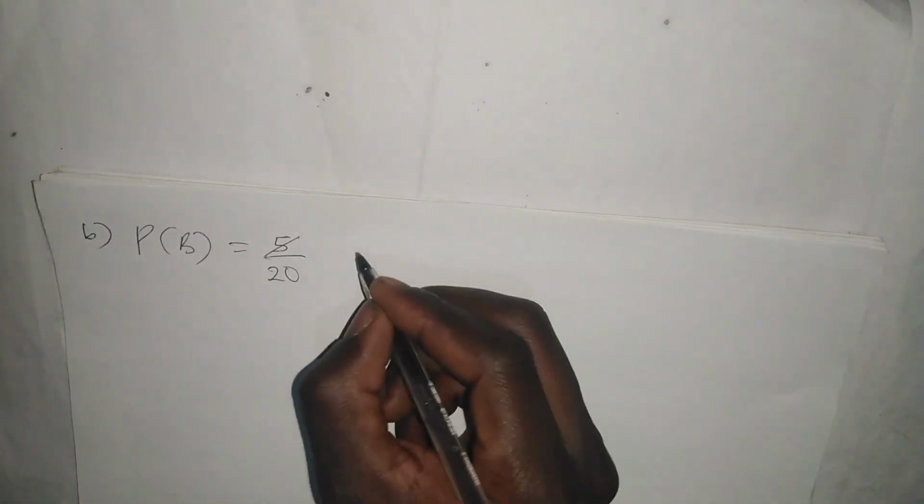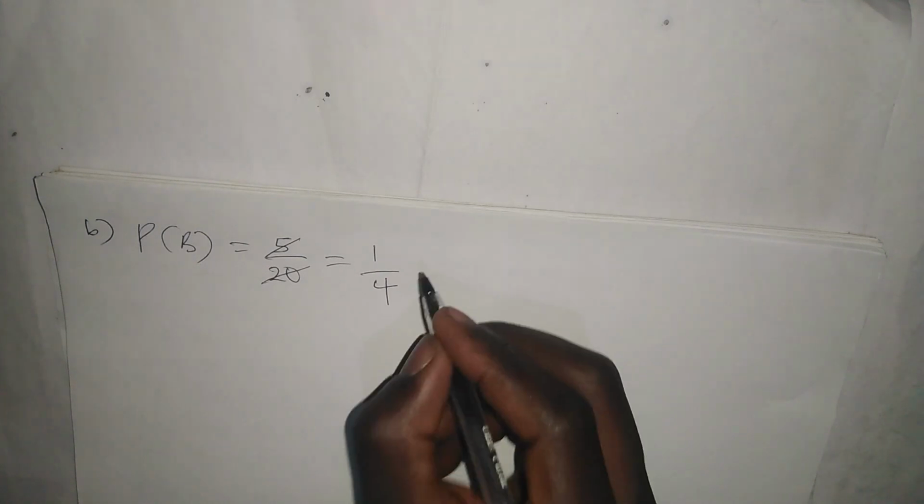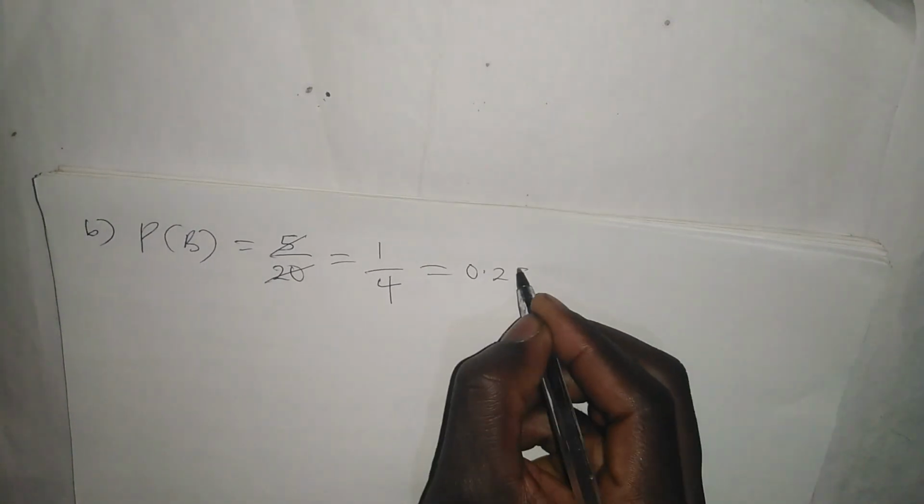So let's say question B. It says, what is the probability of selecting a blue marble? So the probability of selecting a blue marble is equal to, we have 5 blue marbles and a total of 20 marbles in the jar. This is divisible by 5. 5 divided by 5, we have 1. 20 divided by 5, we have 4. 1 divided by 4, we have 0.25.